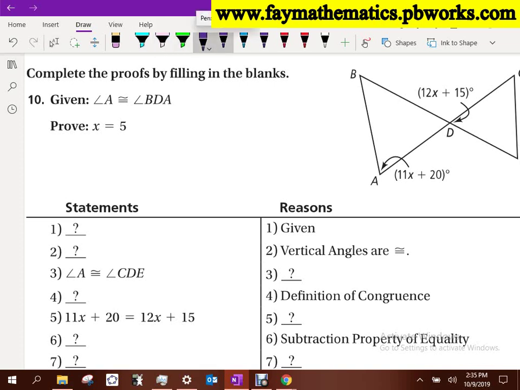As we do this, our answer here for number 1, whenever we have a given statement, is going to be what our given was. So angle A congruent to angle BDA.